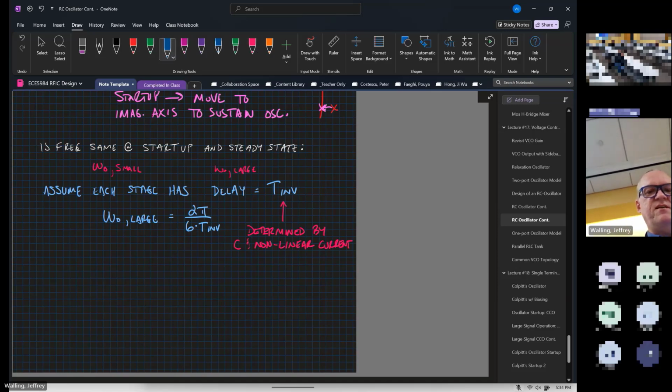Conversely, we calculated the small signal oscillation frequency yesterday, and we said that that was equal to square root of 3 times omega p. And we know that omega p is determined simply by the RC circuit.